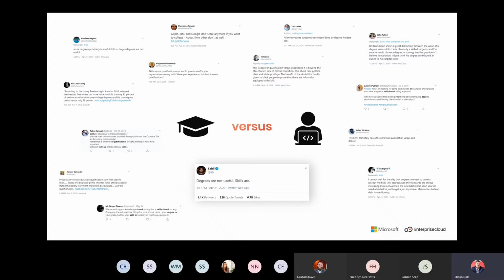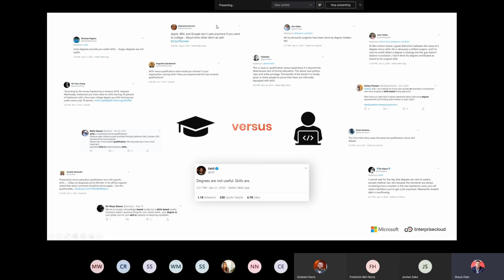I certainly know someone who did about 3 degrees before he even started working, and had an MBL, and he hadn't done a day of work. And I thought, well, this is a bit strange. Why would you go through that level of academia without trying to apply it to some sort of real world skill? So this debate is personal and it rages on.